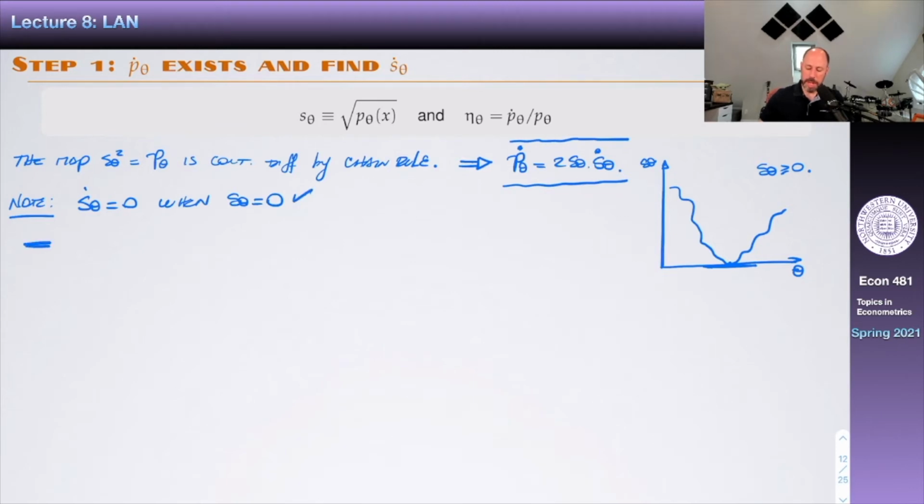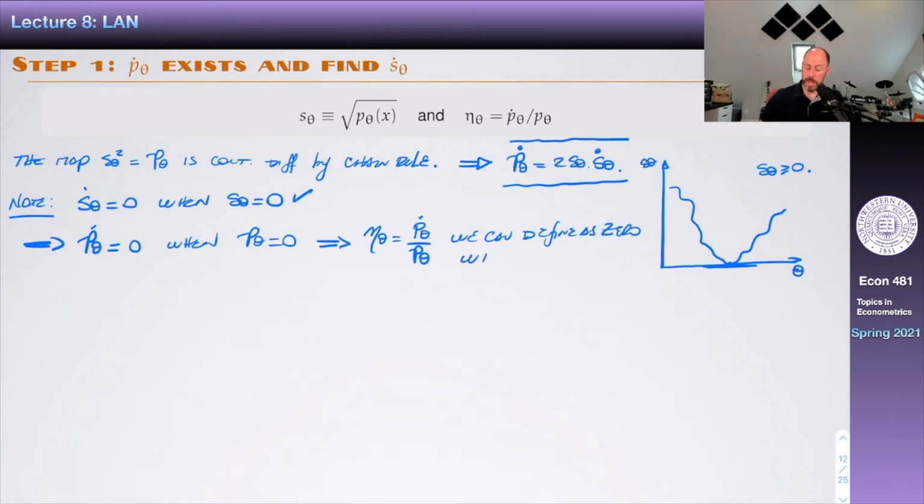And so the same thing happens for p dot theta, which has to be 0 when p theta is equal to 0. And so eta theta, which is the ratio of p dot divided by p, we can define as 0, or actually anything else, but we're going to define it as 0 when p theta is equal to 0.